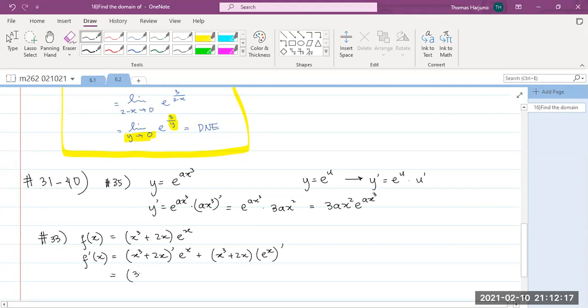This will be 3x squared plus 2 times e to the x plus x cubed plus 2x times still e to the x. Okay, I factor out e to the x and then add those guys inside. I get x cubed plus 3x squared plus 2x plus 2.